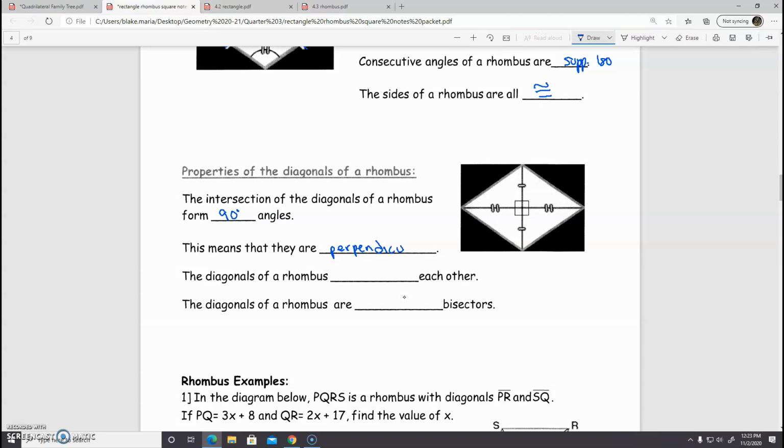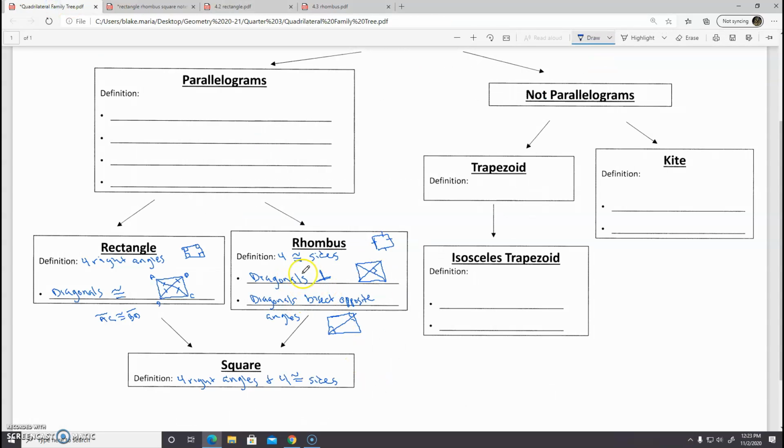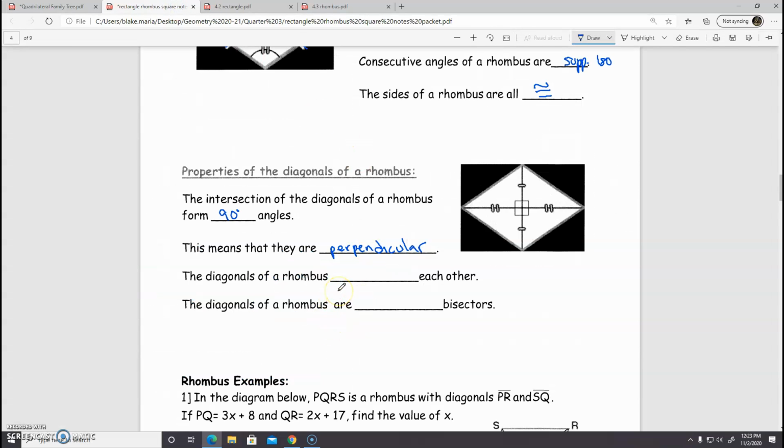And if you think back to one of our properties in that family tree, diagonals perpendicular, diagonals cross at a right angle. They also bisect each other, so they are perpendicular bisectors.